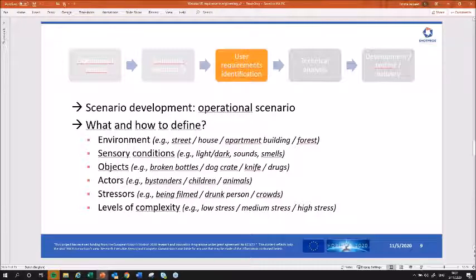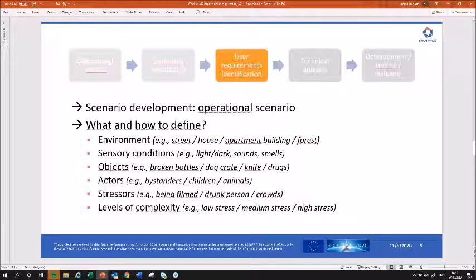And to accomplish this, we are also working on a study, a survey, which is also a collection of user needs in a way, where we ask a lot of police officers to rate different types of stressors that we identified in the user requirements workshops with our police officers.